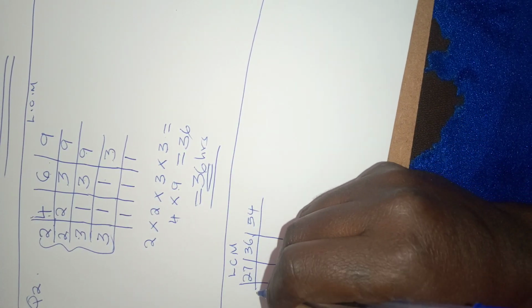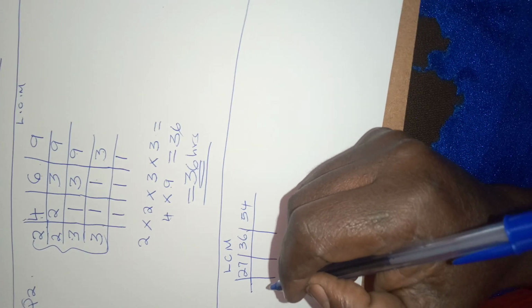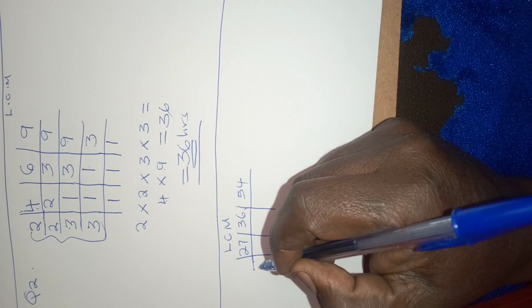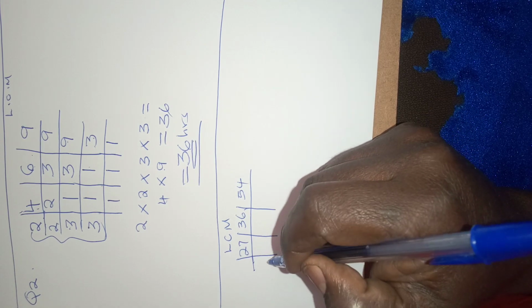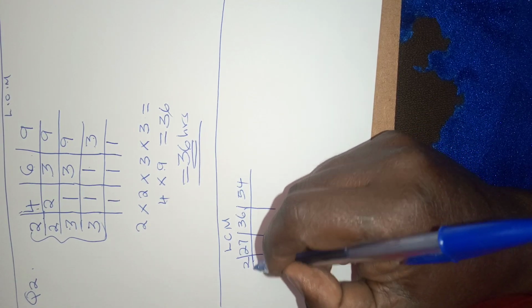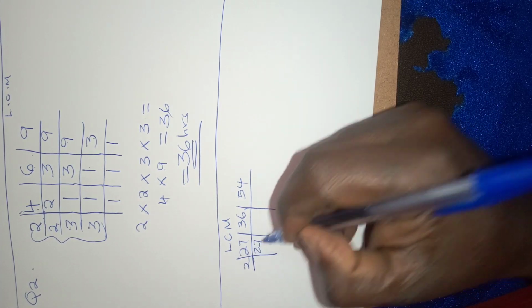Again, just like in number 2, we are looking for prime numbers that we can use to divide any of these numbers. So we can try 2, as the smallest prime number in whole numbers. We cannot divide 27 by 2.